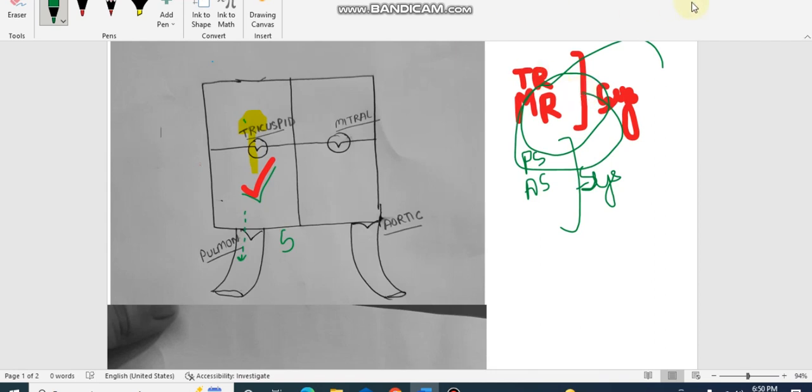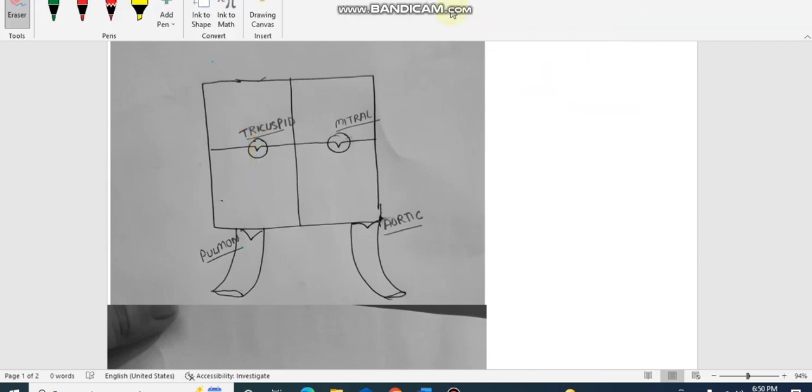Okay. Now if I tell you about the tricuspid stenosis. Stenosis means the blood from the tricuspid valve is not properly coming into the ventricle. So this blood flow is not occurring properly. When does the ventricle filling occur? Whenever there is relaxation of the ventricle. So at the time of filling of the ventricle, we have relaxation of the ventricle.